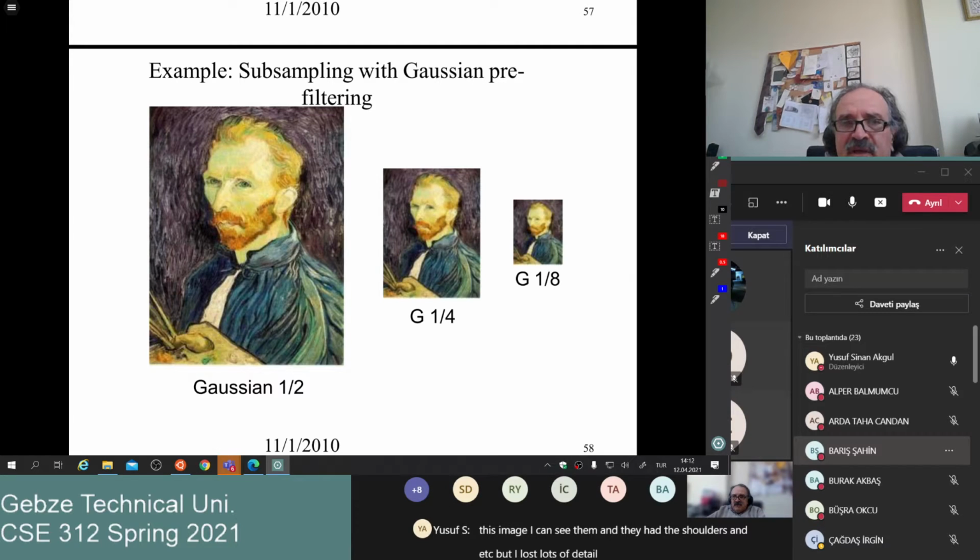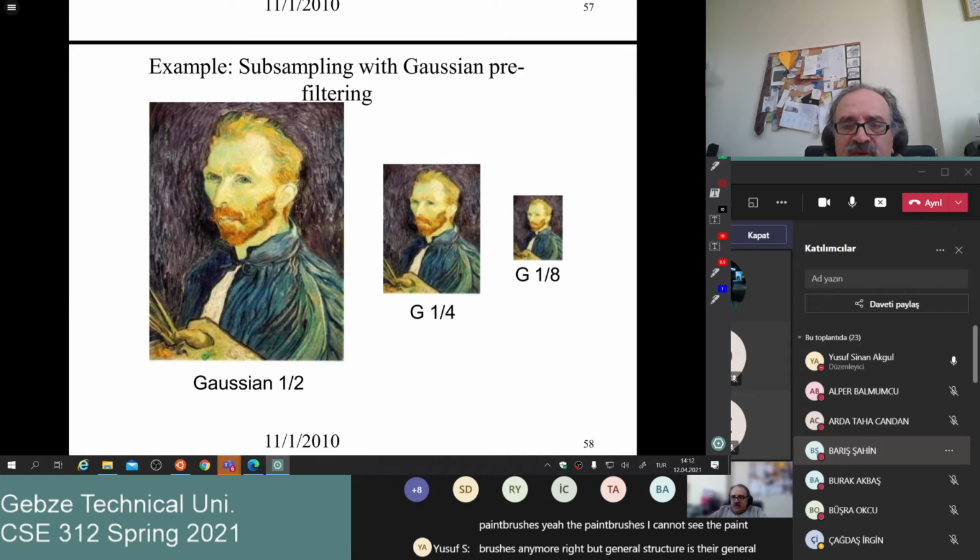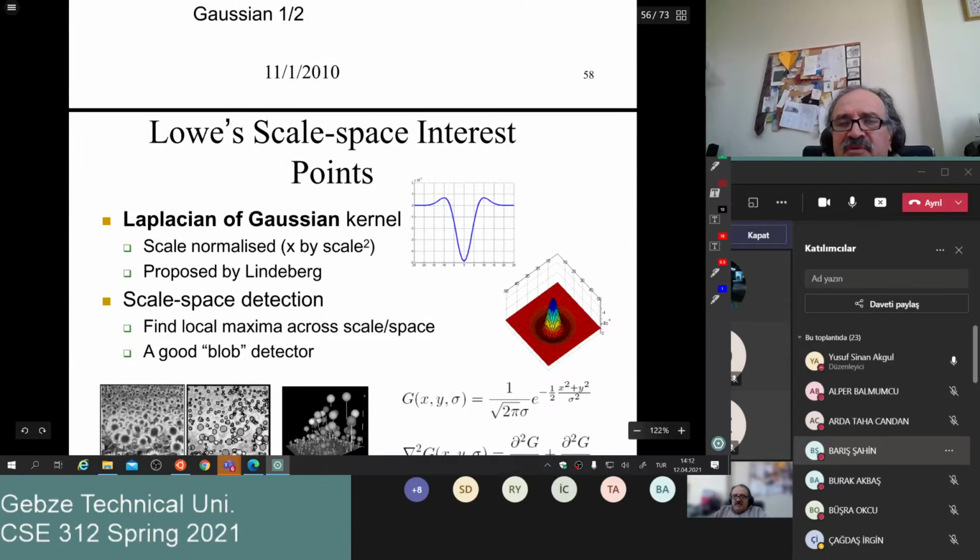For example, now I cannot see the colors of his eyes. I think these are the paint brushes. Yeah, the paint brushes. I cannot see the paint brushes anymore, right? But the general structure is there. That's the idea of the image pyramids.